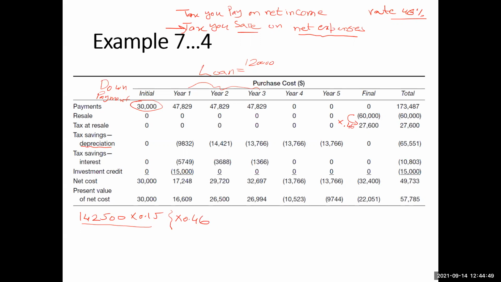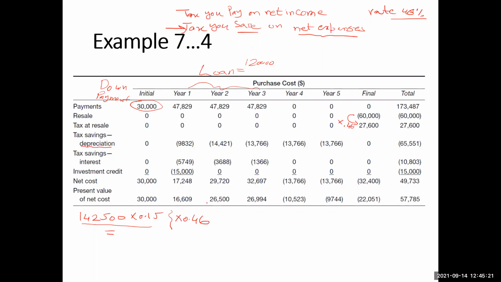So if you multiply 142,500 by 0.15 and by 0.46, can you tell me what value you get? Calculate and tell me the value. $9,832, yes, it's the same.